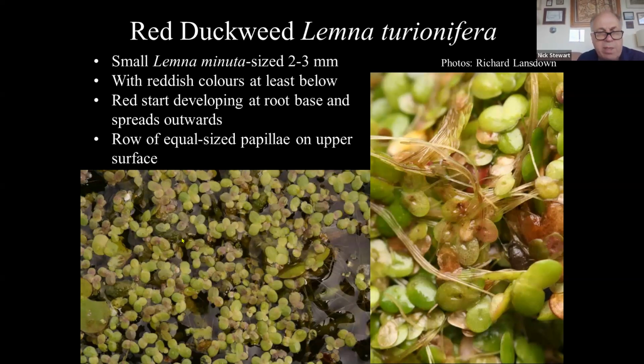Turionifera often looks slightly pinkish or just a bit discolored from a distance, because of these reddish colors. And the reddish colors start on the underside, around the base of the root. You can see there particularly, and then the red color spreads out, often covering the whole of the underside. They'll go pinkish to some extent.